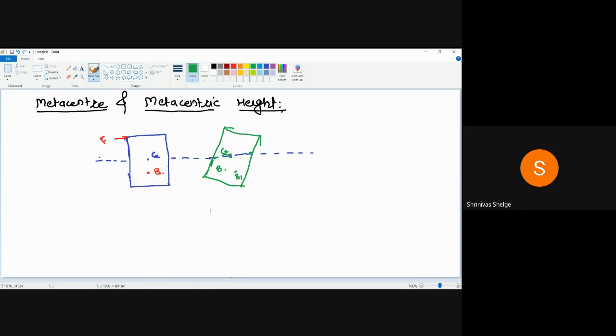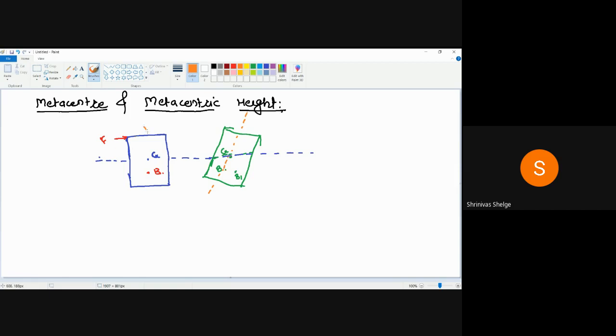So what I'm going to do here is draw one line which joins the old center of buoyancy and the center of gravity. So I will join this line. This is the axis which is passing through the center of gravity and the old center of buoyancy.